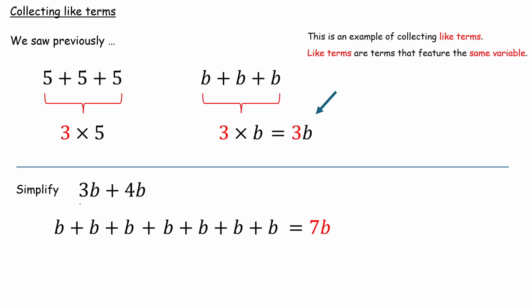So this really is showing you behind the scenes of what goes on when you add 3b add 4b. All you're doing, because you've got the same variable, they are like terms, is 3 add 4 is 7, and you just put the b on the end. 3b add 4b is 7b, and this is showing you why that is the case.